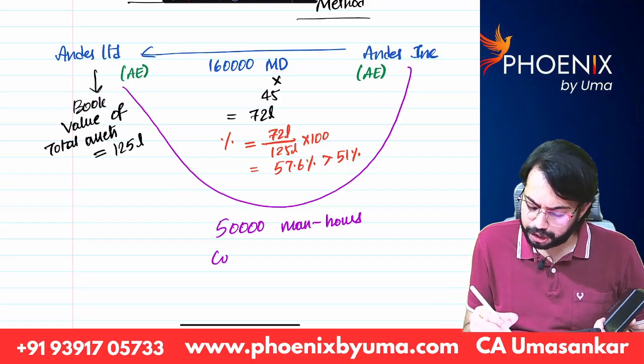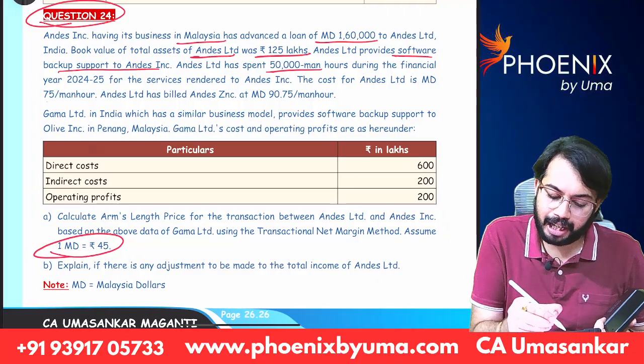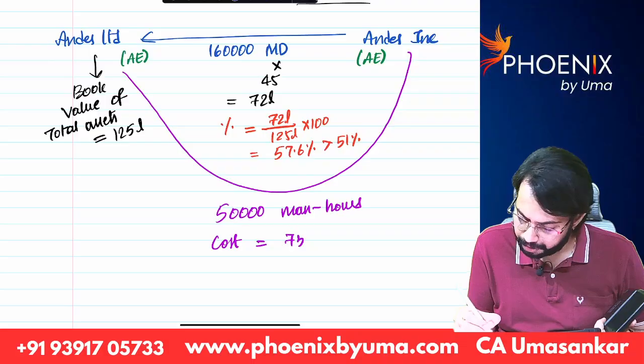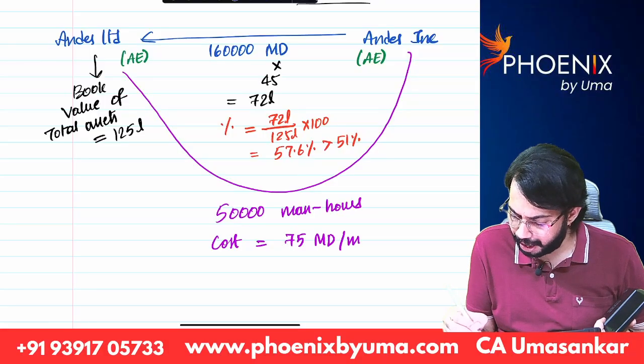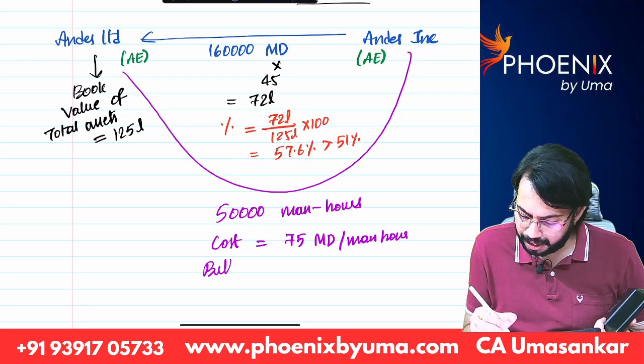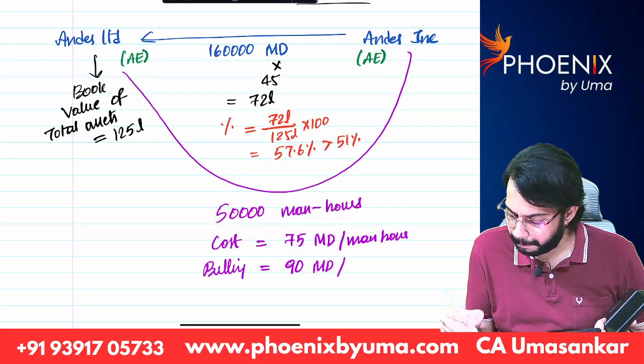Cost is 75 Malaysian dollars per man hour. How much is billing? Billing is 90 Malaysian dollars per man hour.